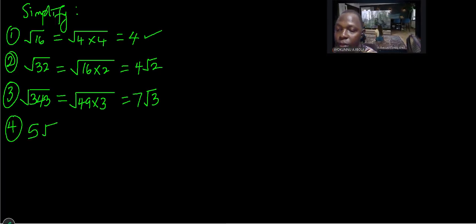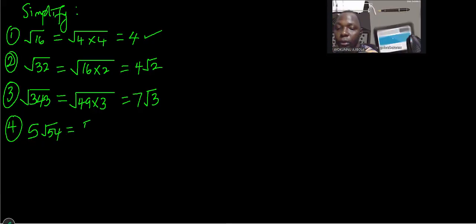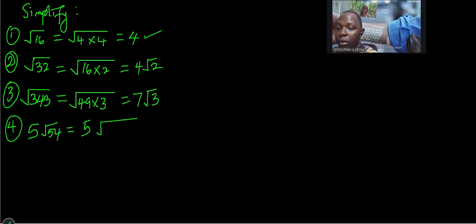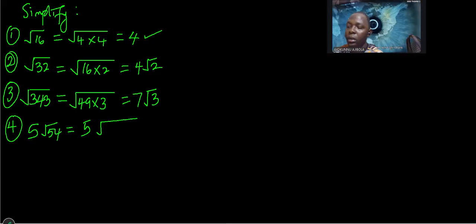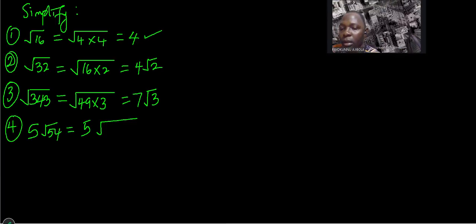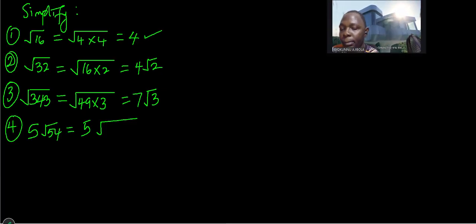5 root 54. So in 54, we're going to look for a perfect square. Can we actually get a perfect square in 54? Is it possible? For 54, no, I don't think so.